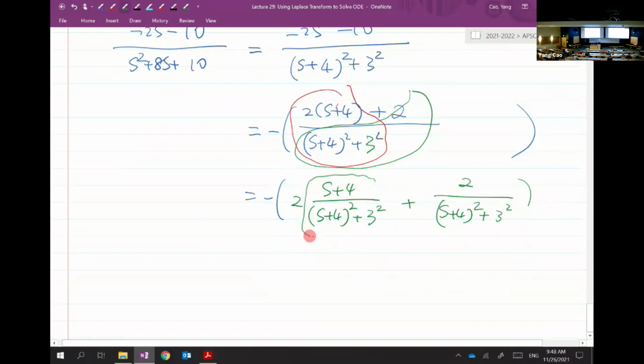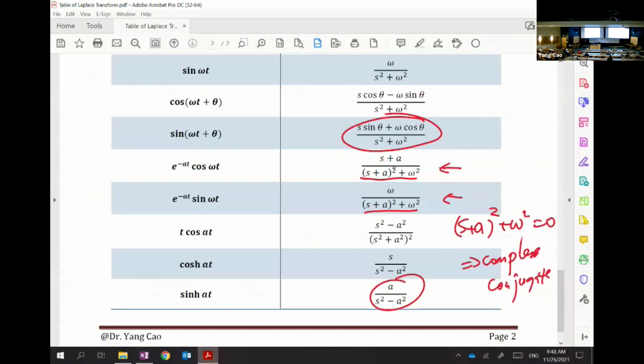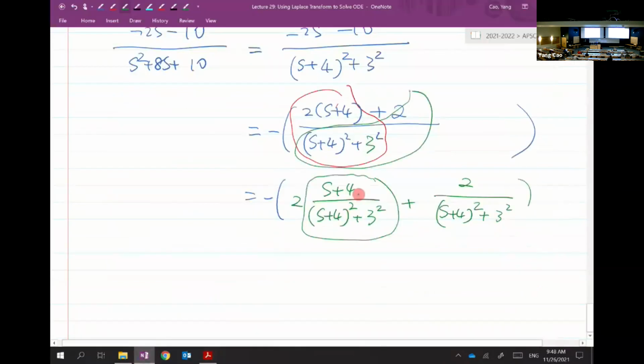Can somebody tell me what would be the inverse Laplace of the first term? You look at the table here. You already have exactly matched the table now, right? So the inverse Laplace, a is 4, s is 3. So you can actually get the inverse. But the second term here is not quite there yet. The numerator is 2.